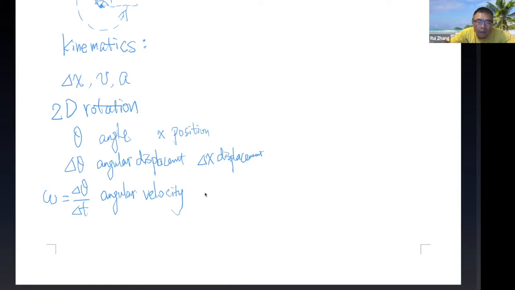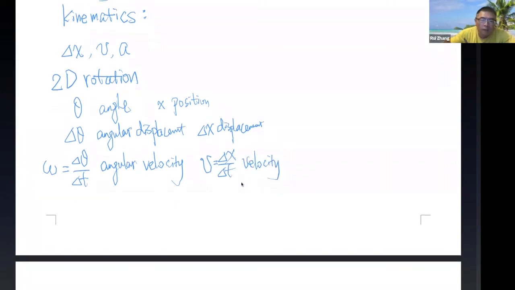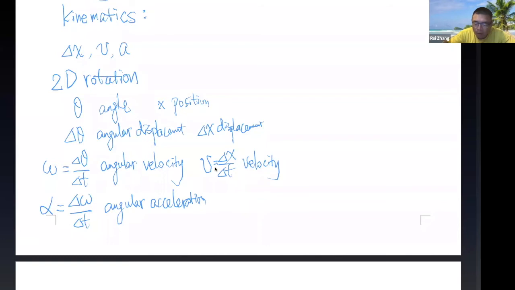This corresponds to v equal to delta x over delta t, which is simply velocity. Finally, we can talk about something similar to acceleration, which we call alpha, which is delta omega over delta t, called angular acceleration. And correspondingly a in the previous case is defined as delta v over delta t.